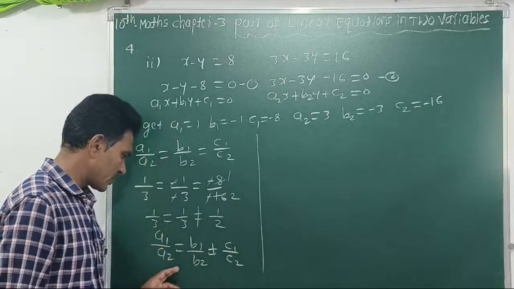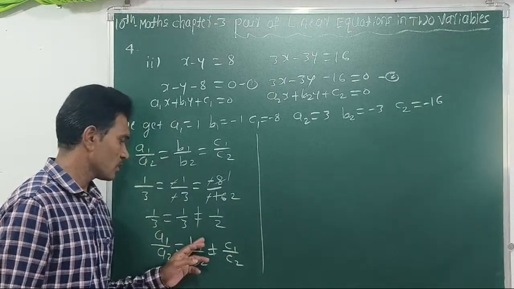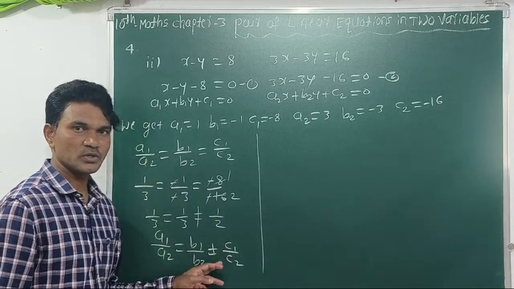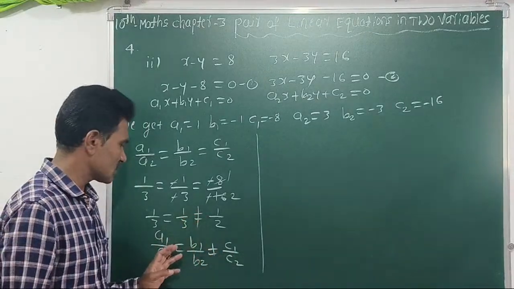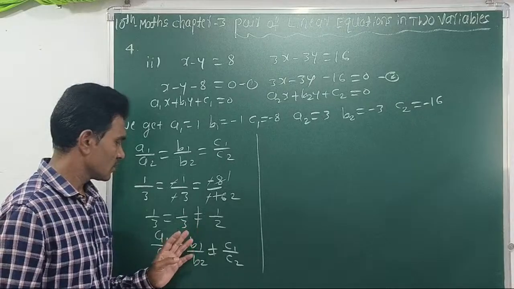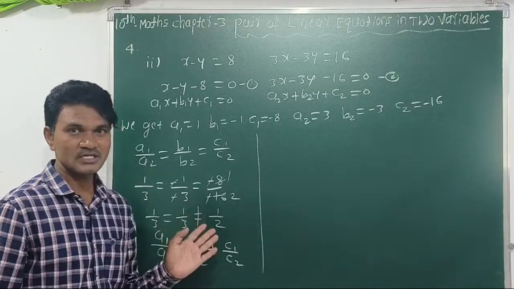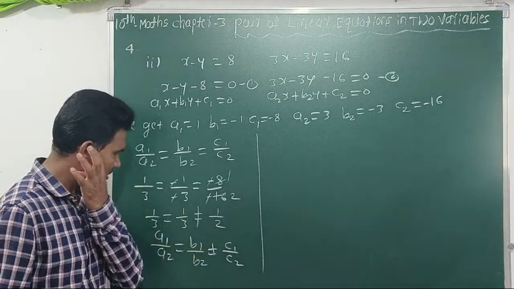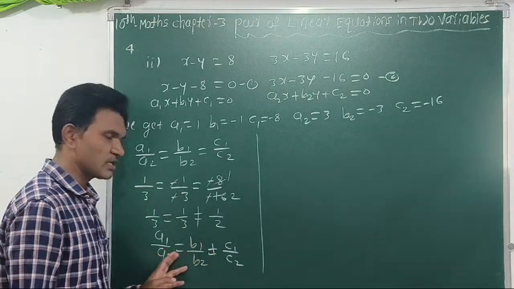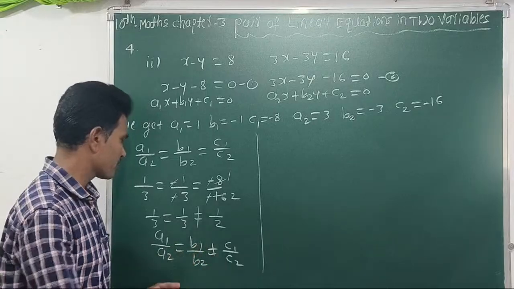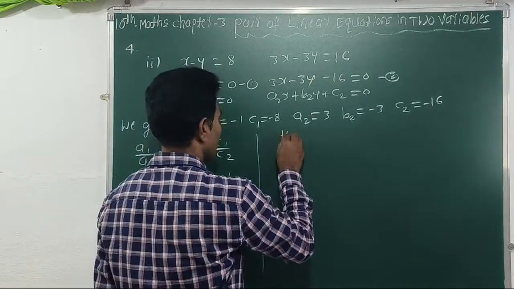If a1 upon a2 equals b1 upon b2 does not equal c1 upon c2, then the lines of the equations have no solution. They are asking about consistency or inconsistency, so that is why they are inconsistent here.